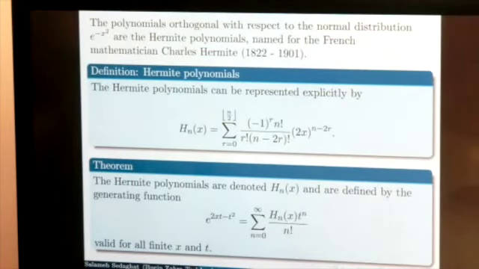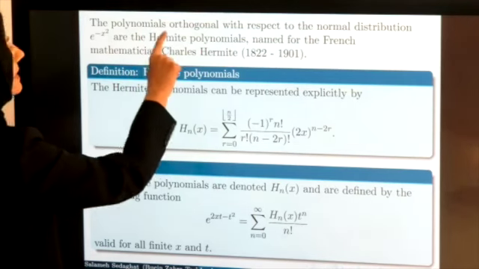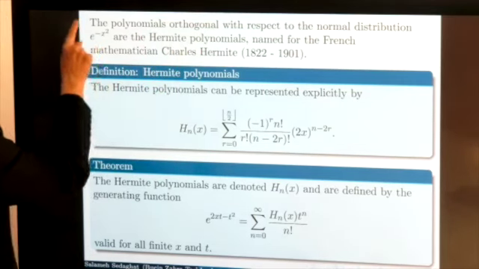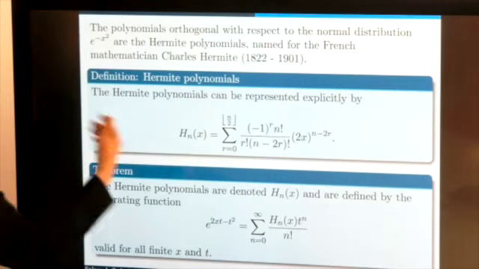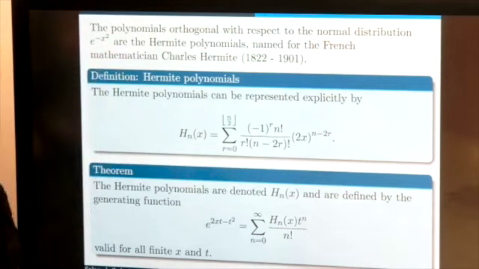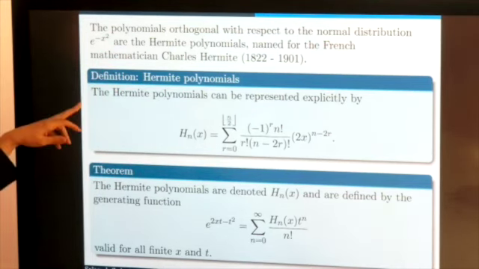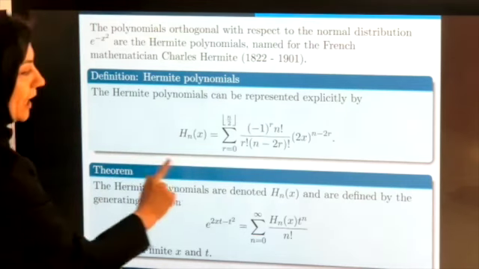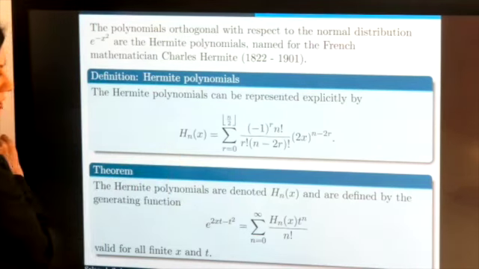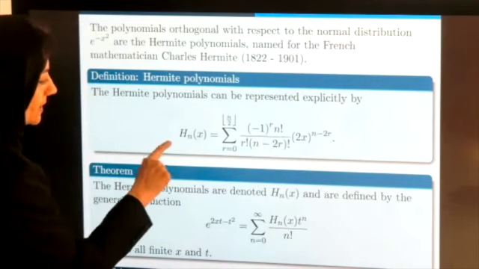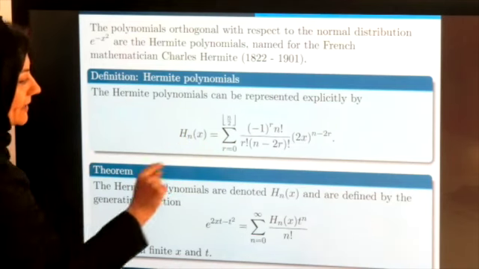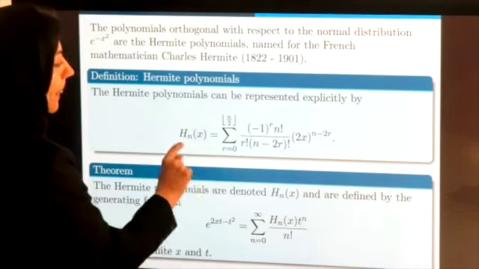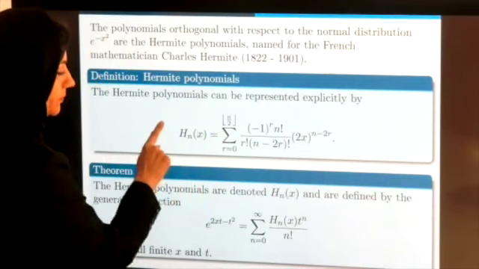The Hermite polynomials are orthogonal with respect to the weight function e to the minus x squared, and named for the French mathematician Charles Hermite. Hermite polynomials can be represented by this series expansion, denoted by Hn of x, and they have this series expansion.